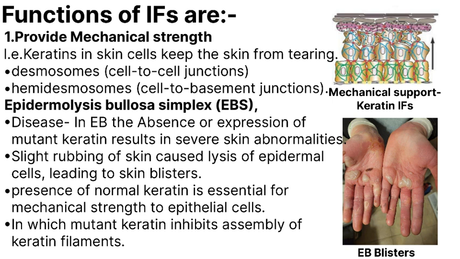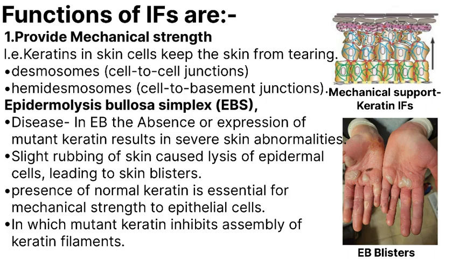IFs also give cell junctional support, which you can consider as another important feature of it. IFs connect cell to cell and cell to matrix attachments, which we call desmosomes in cell to cell junctions and hemidesmosomes in cell to basement junctions. They give the tissue, the skin or any epithelial cells, a very high tensile strength.